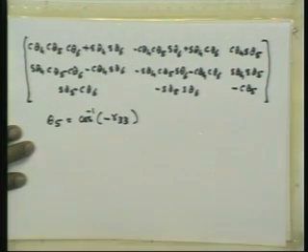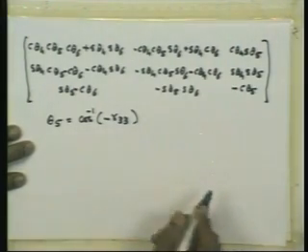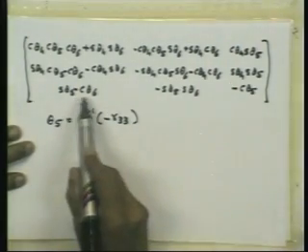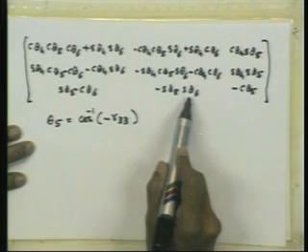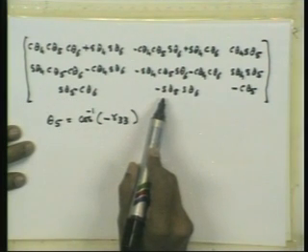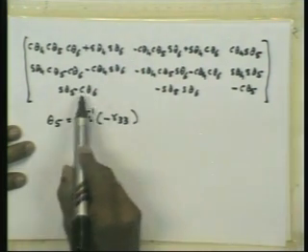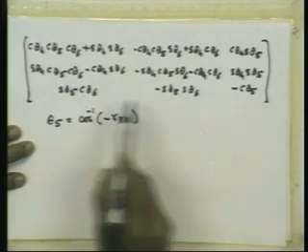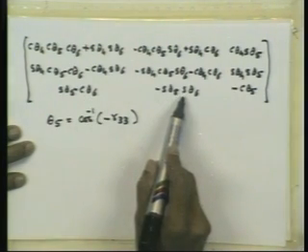Now what about theta 4 and theta 6? If you look at these two elements, you will find that you can get theta 6 immediately, because theta 5 has been determined now, right. So you can get cos theta 6 and sin theta 6 from these elements.